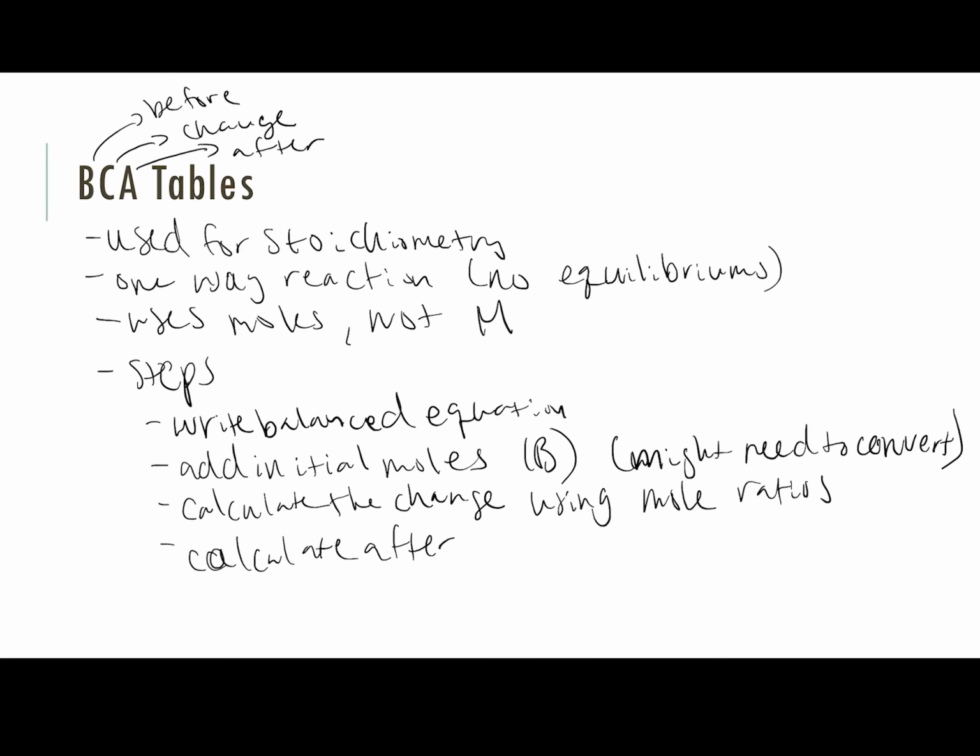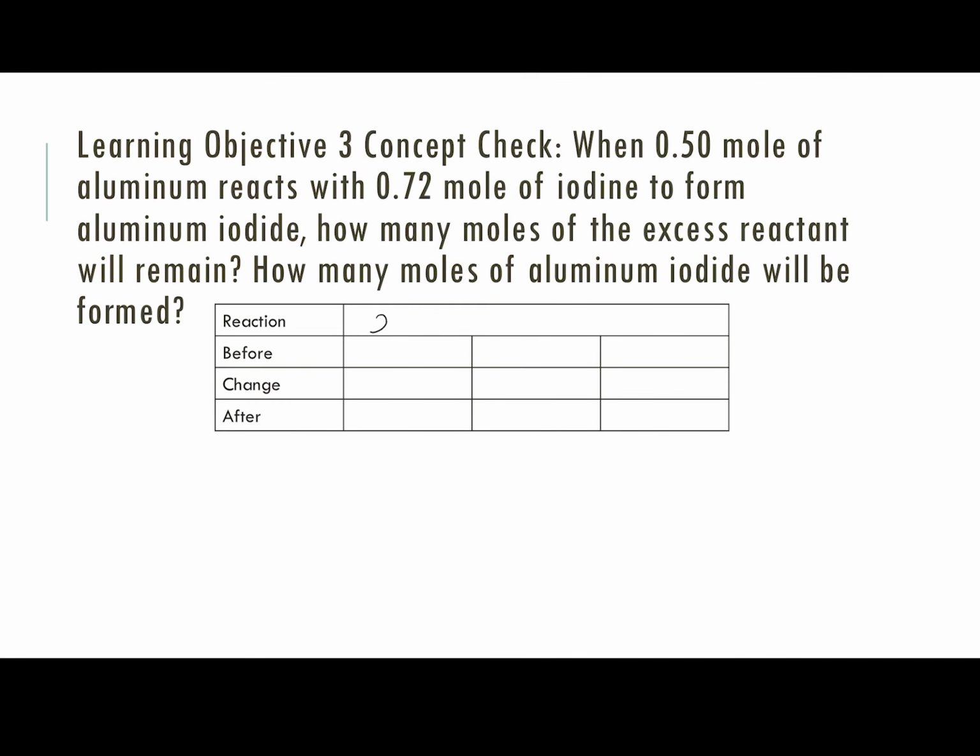So we'll start out with the following reaction. We've got aluminum reacting with iodine to produce aluminum iodide. So we have 2Al plus 3I2, one-way arrow, goes to 2AlI3.